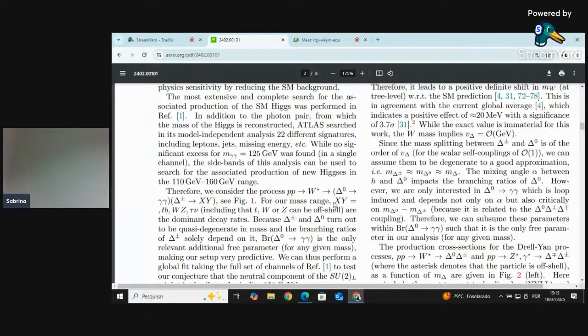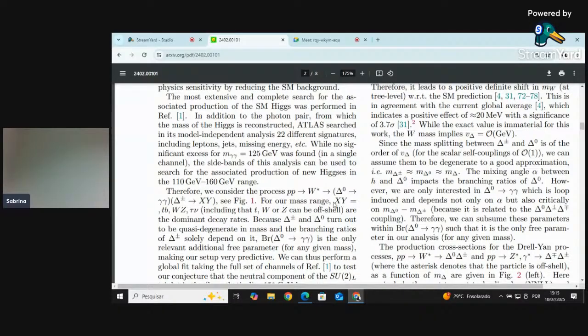This is the standard model VEV. And the mass of the W is going to be g squared over 4, the VEV of the standard model squared, plus 4 times the VEV of this new scalar squared. So the mass of the Z remains as in the standard model, and the mass of the W increases by this factor.